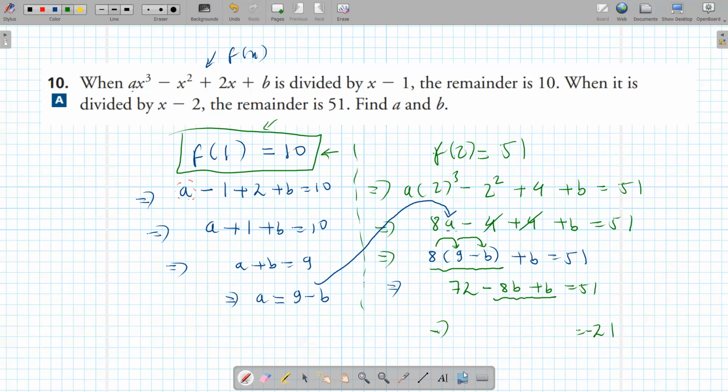You lost 8 apples and you gained 1 apple. How many do you have? Negative 7b. Yeah, exactly. Negative 7b. Divide both sides by negative 7. B is 3. There we go. And you can plug it back in here to find a. So a will be 9 minus 3 will be 6. And we're done. Okay.